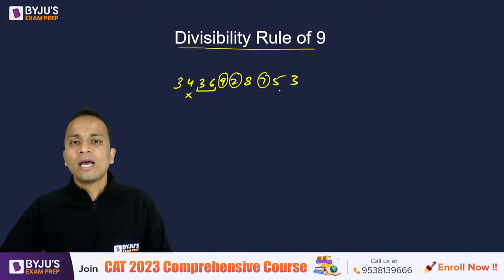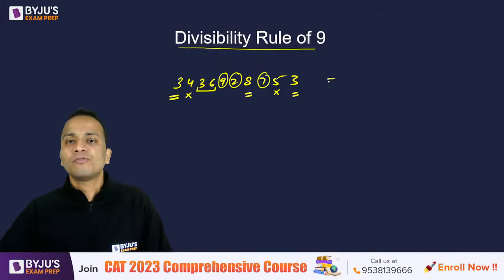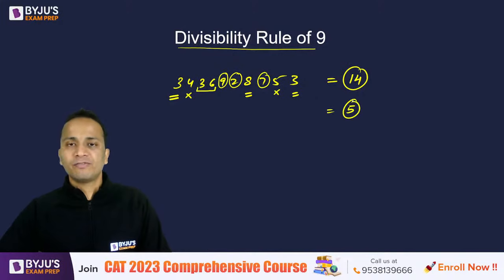Then 4 and 5 is equal to 9. I can remove that. I can ignore them. Okay. Now let's check the remaining digits. So 3 plus 8 is 11. 11 plus 3 is 14. Now 14. Now add these two and you will get a 5.